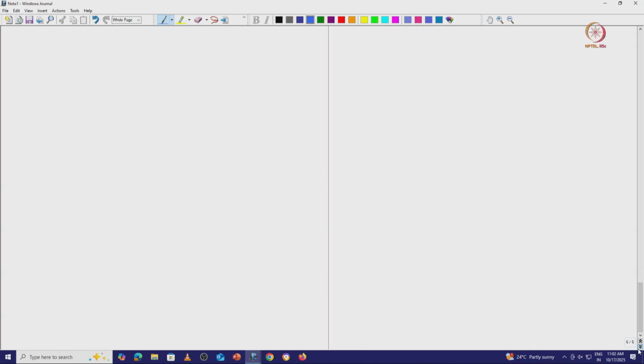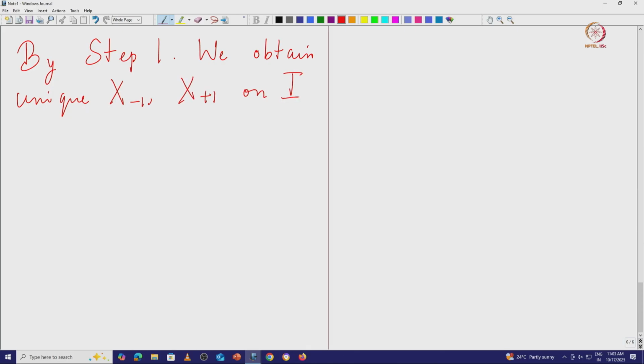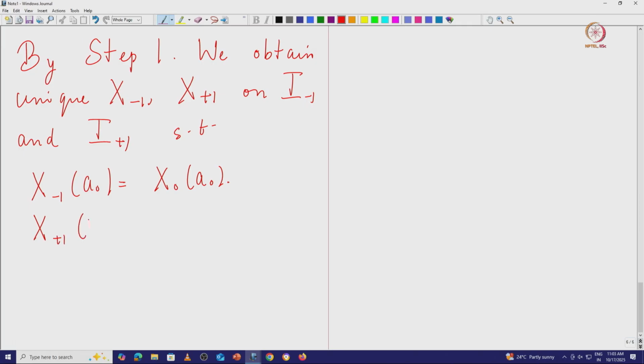So let me write this down. By step 1, we obtain unique x minus 1 and x plus 1 on the intervals I minus 1 and I plus 1 respectively, such that x minus 1 of a naught is x naught of a naught and x plus 1 of b naught is x naught of b naught.